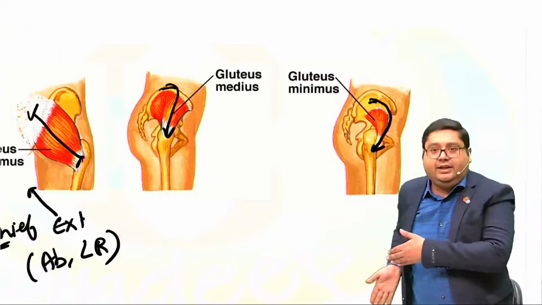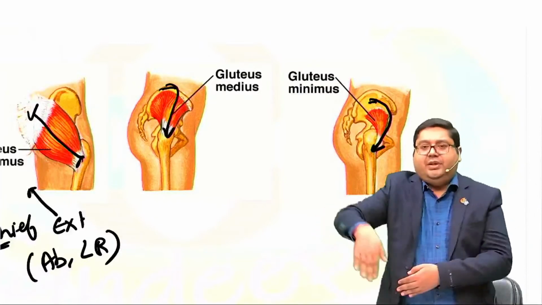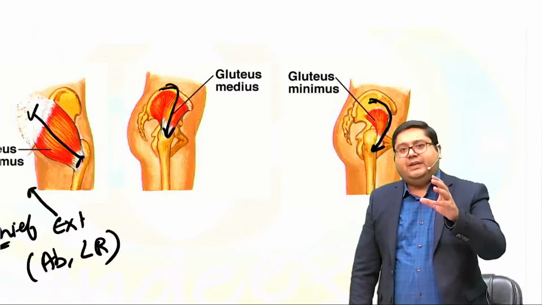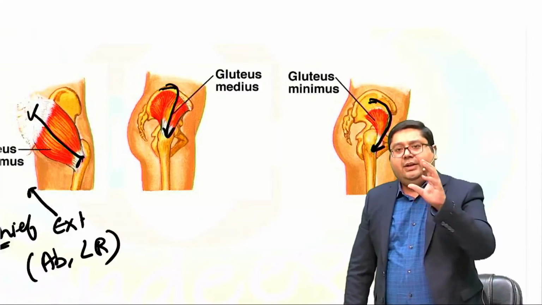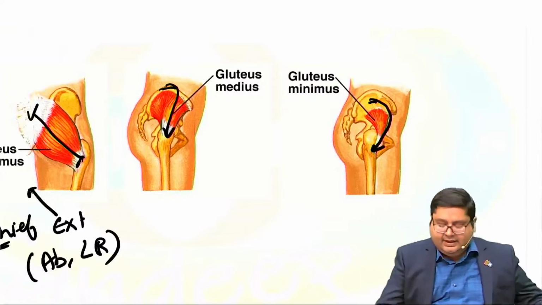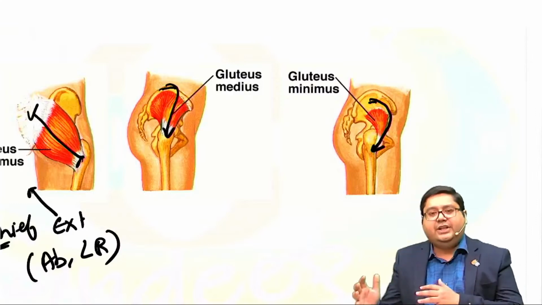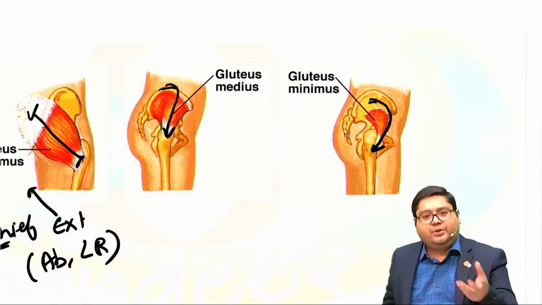So behind, lateral, anterior. Are you able to follow? Maximus, medius, minimus. That is how the fibers are arranged. Could you appreciate, beta? Can you please confirm? Did you understand, everyone? Did you get the point that here the direction of the fibers has changed, even though all of them are coming from the gluteal region? That's okay.